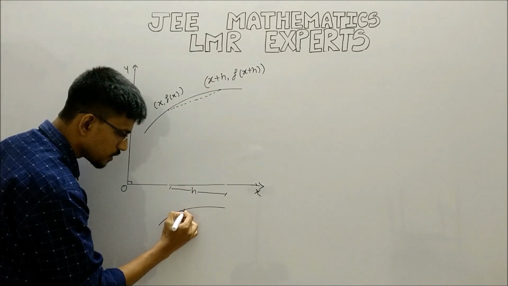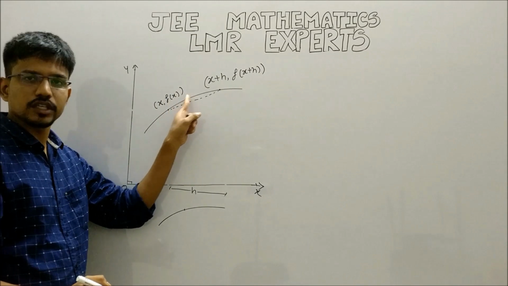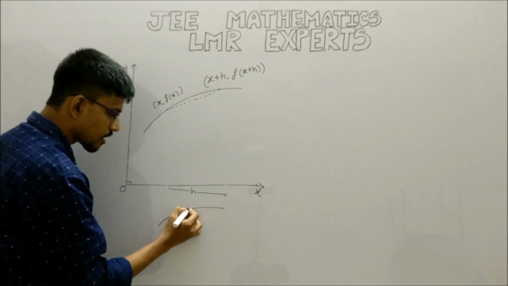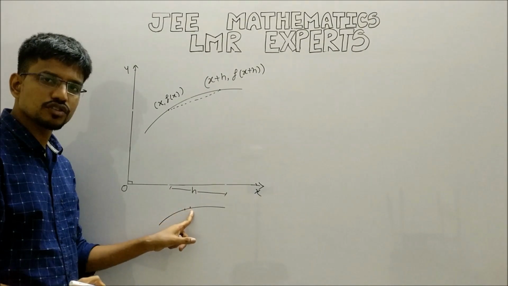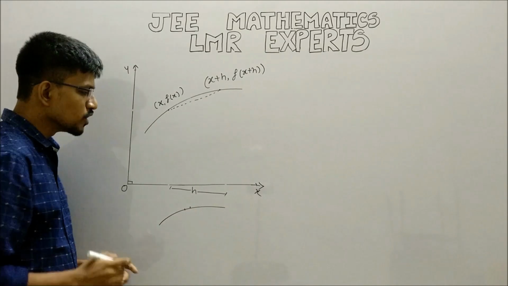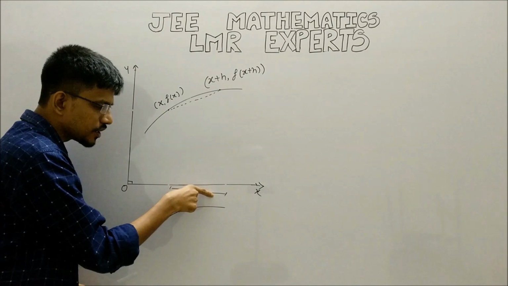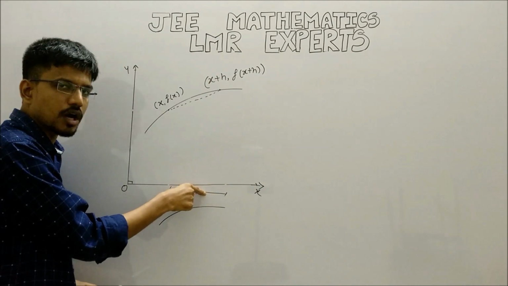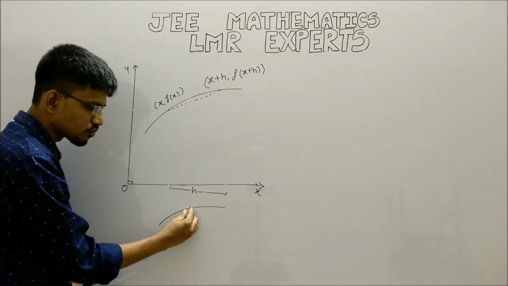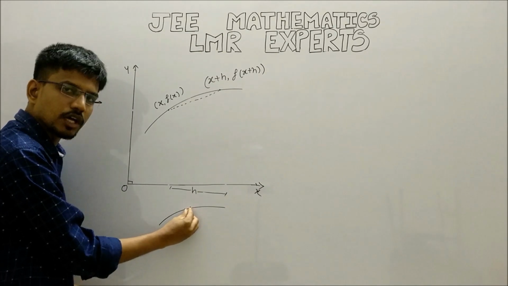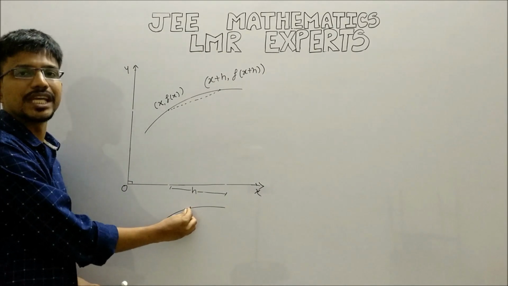This is your first point, (x, f(x)), and the other point could be treated as this, (x plus h, f(x plus h)). Now you can imagine if I reduce the value of h by even smaller amounts, what is going to happen? These 2 points are going to become very close to each other.